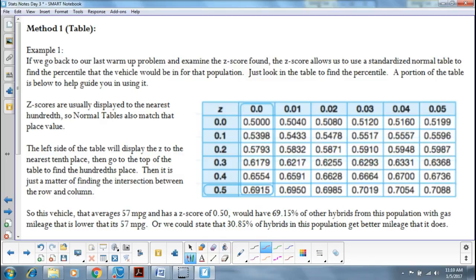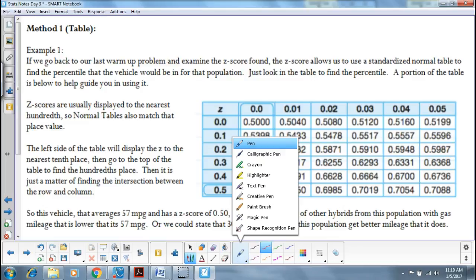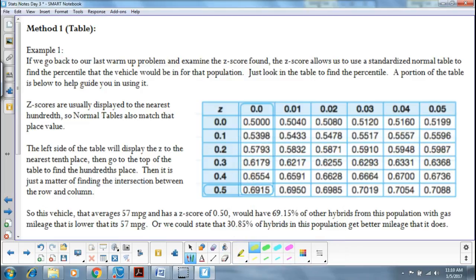Okay? So, if we go back to that second example that we just did in the warm-up, we had a z-score of 0.5.